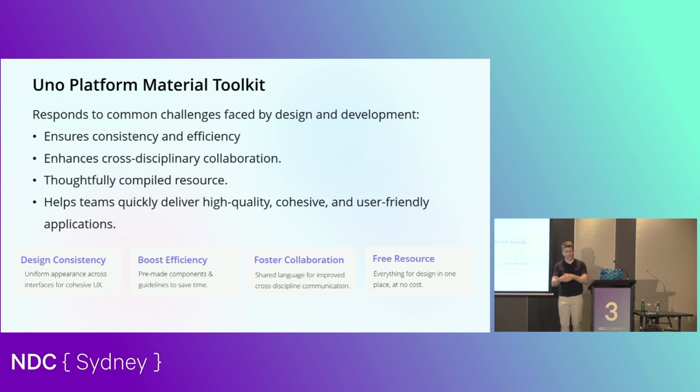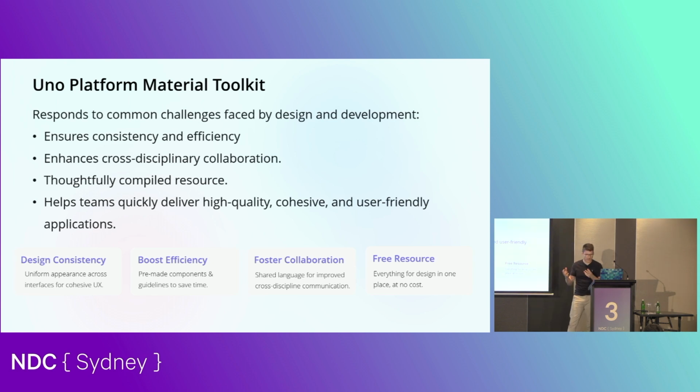Okay, so we have components in there that will be familiar if you're used to working with Material, and the naming of colors and brushes and stuff like that will be very familiar. But if you're also familiar with the Uno Platform, from a developer perspective, you'll see things like, oh, it's a text box. Okay, well, that makes sense because that aligns to what I'm expecting to see in my application.